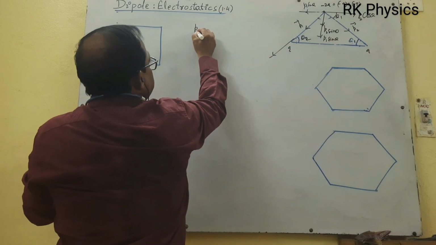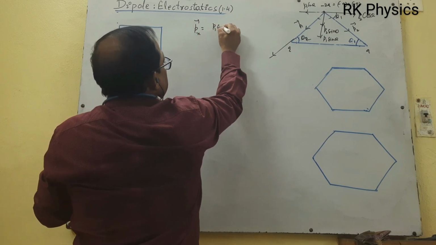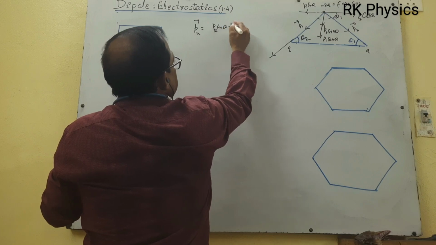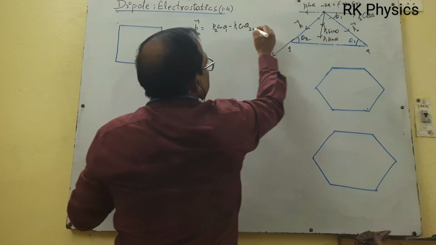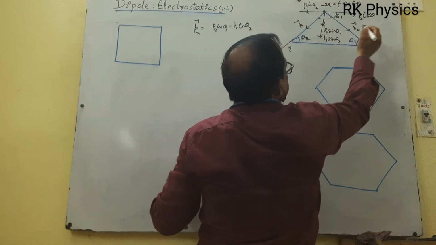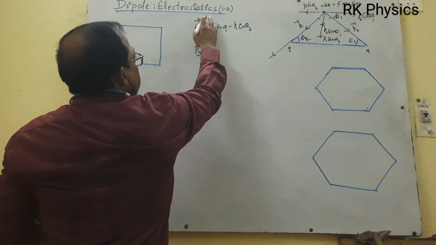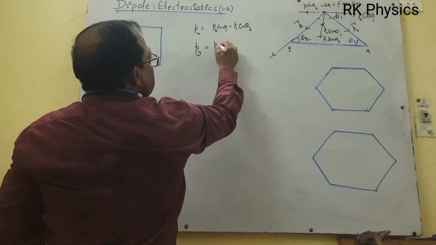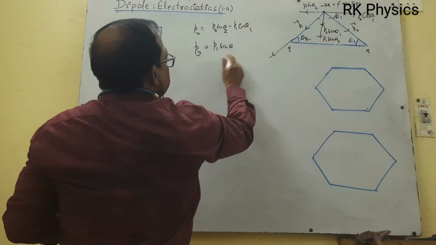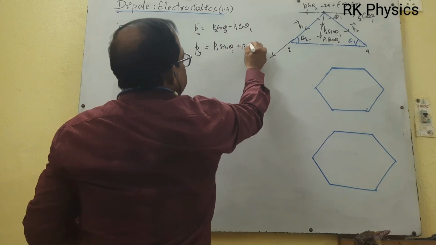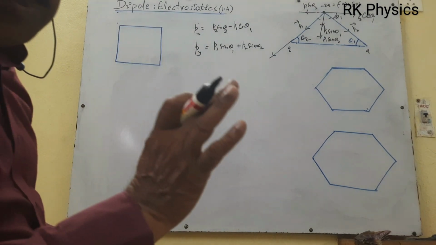So you write Px, the x component, as P1 cos theta 1 minus P2 cos theta 2. This is theta 2, this is theta 1. Now, what is Py? Py is P1 sin theta 1 plus P2 sin theta 2. Okay? This is your general principle.